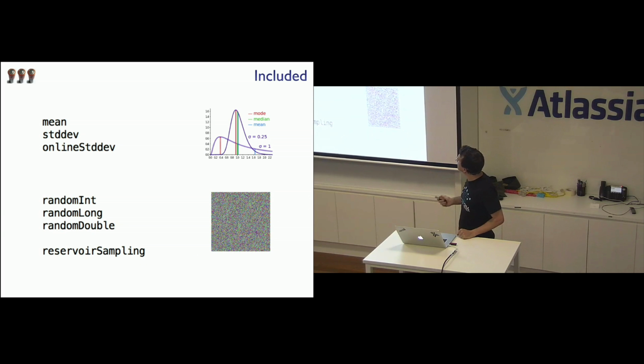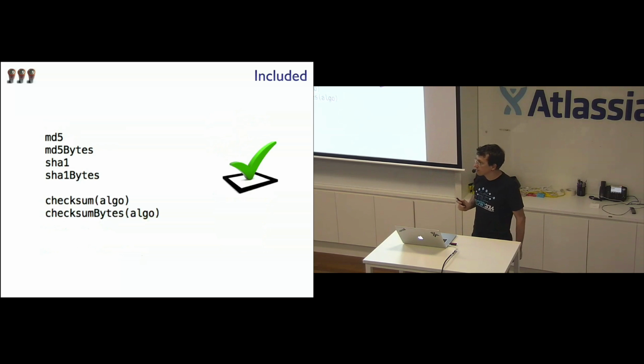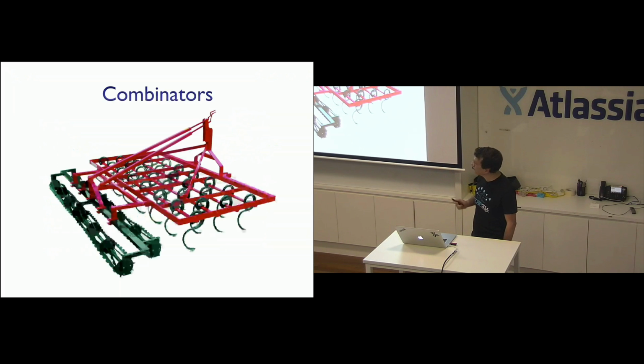I find this interesting. Then you have some checksums again, and that's it. So that's for the provided folds. In the library, you have a few folds which have been created for you, but I guess you can come up with a lot more folds for your specific business.